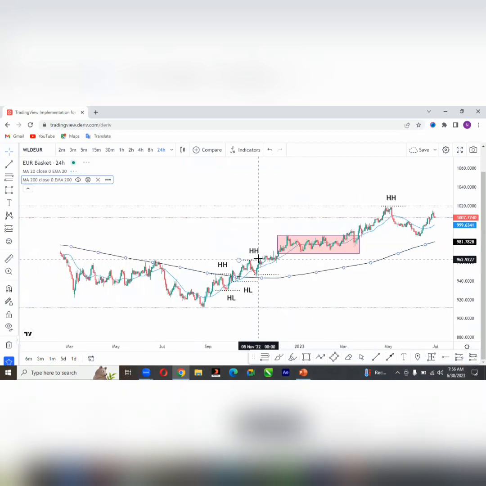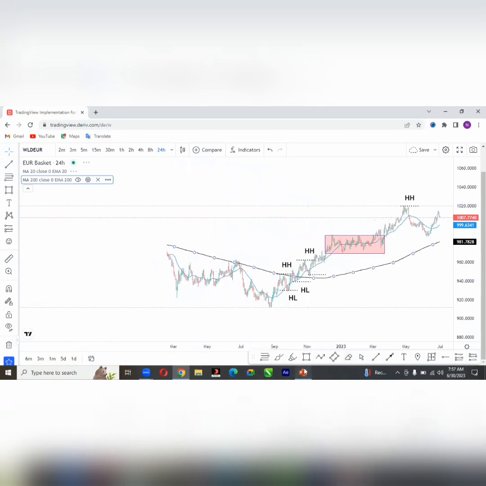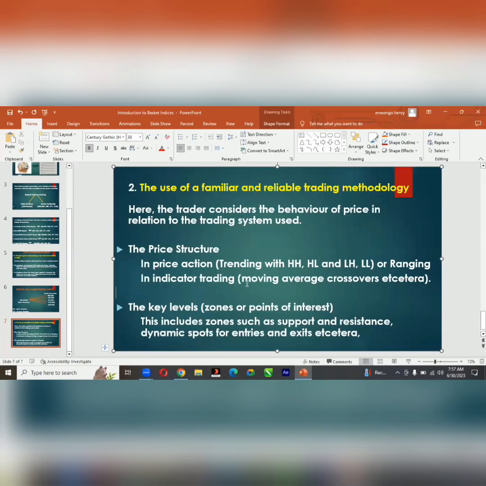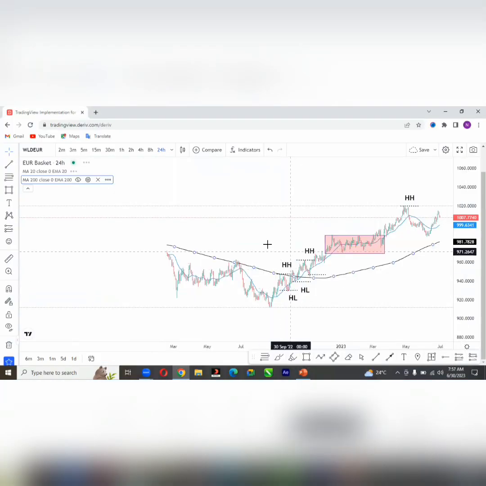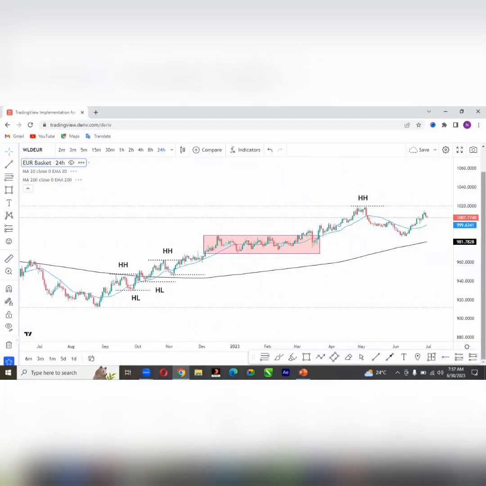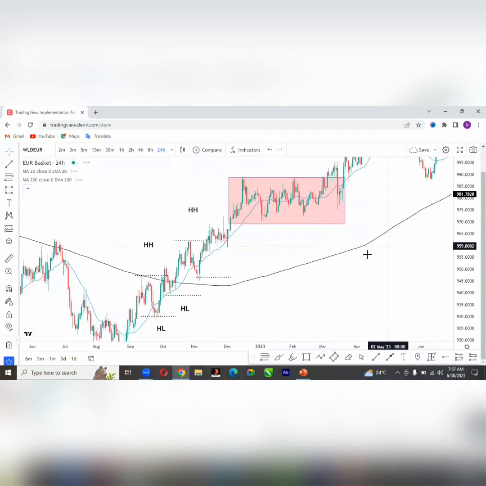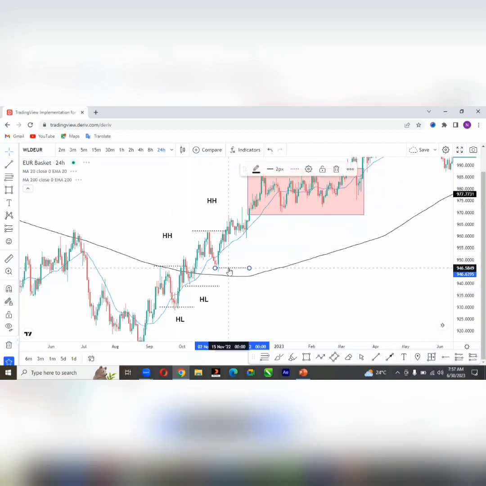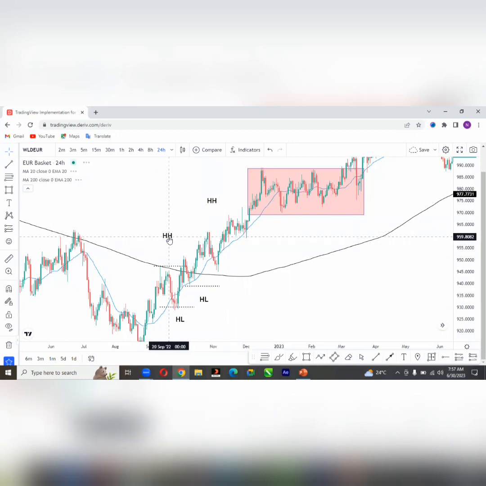All right, so if you observe these, for people that are indicator traders, I talked about moving average crossovers. So what are moving average crossovers? This is the best description of what a moving average crossover looks like. Let me take out these guys for now.